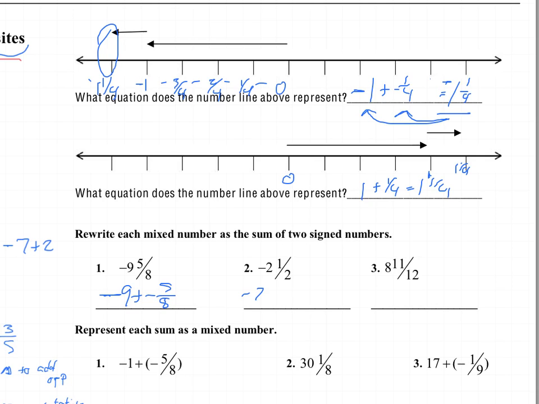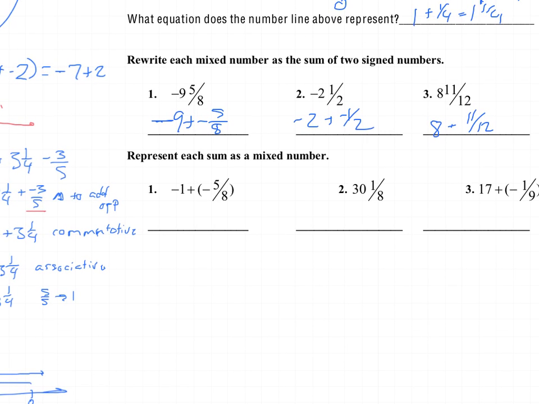So this would be negative 2 plus negative 1/2, and 8 plus positive 11/12. Again, these are in the same direction. So here these can be represented as a mixed number, negative 1 and 5/8, because they're going in the same direction.